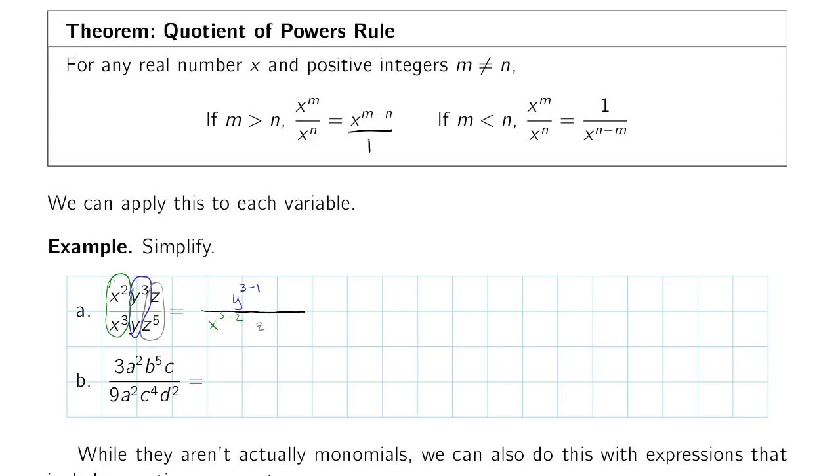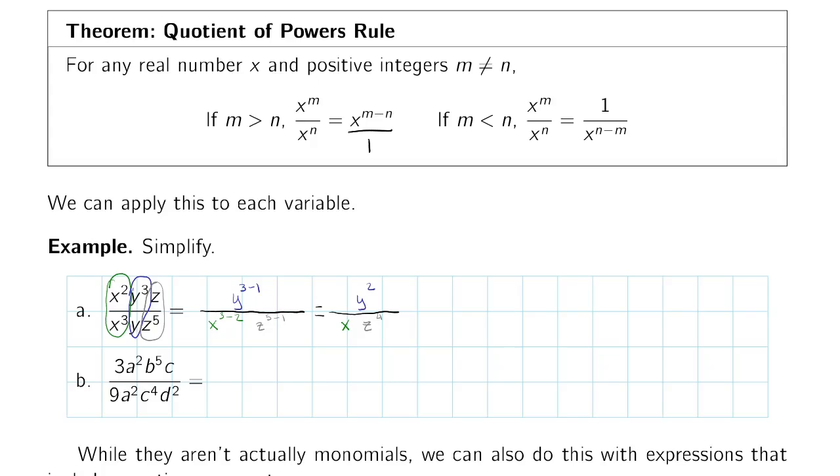I'll have z to the power 5 minus 1 in the denominator. So that gives me, as my numerator, y squared. As my denominator, x to the first power is just x, then z to the fourth.